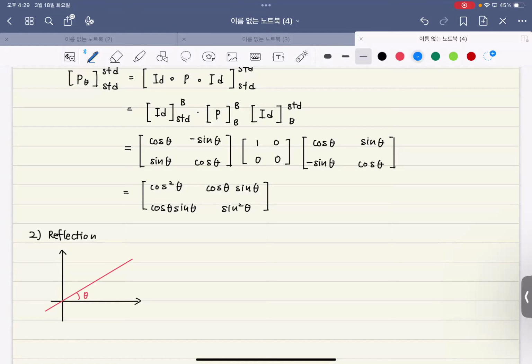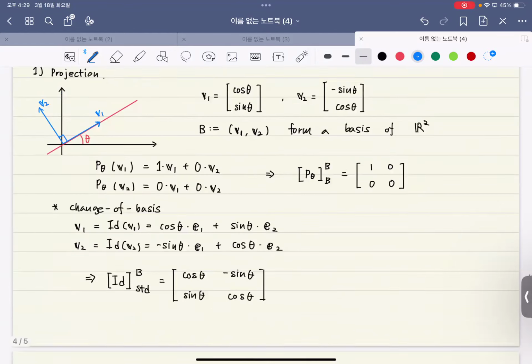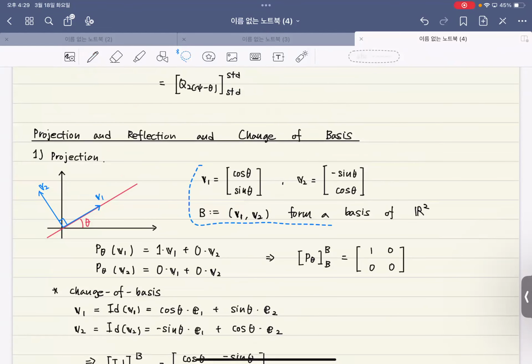But this time, I will begin from a different choice of basis. This is V1 and this is V2. Yeah, they are the same thing.